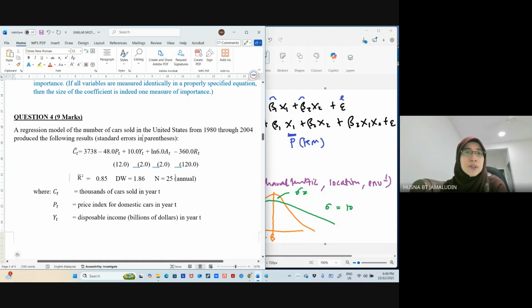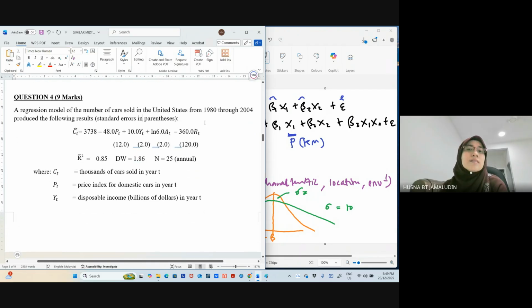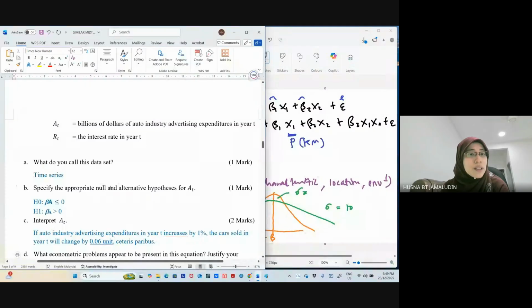R is interest rate. Higher interest rate, lower your purchasing power. You don't want to have higher interest rate. So negative. Okay, fine. So we want to see A only, advertisement. So you expect that if they spend more on advertisement, it will have a positive impact on their sales. Okay. So remember in the final exam, let me just make it general in the exam.